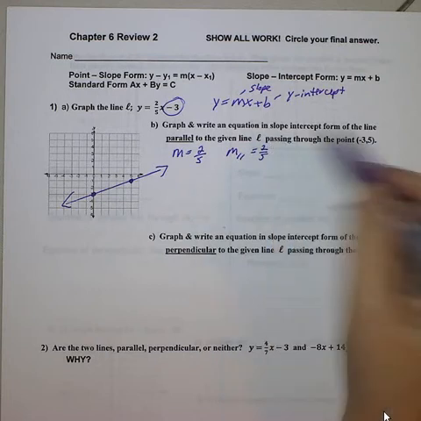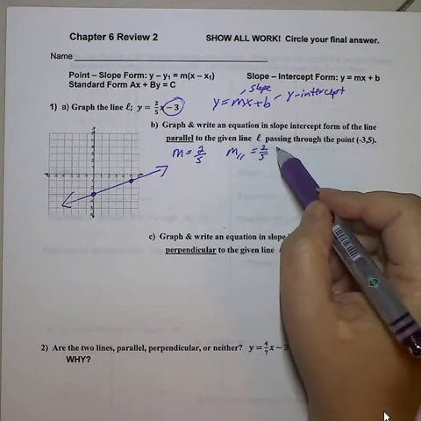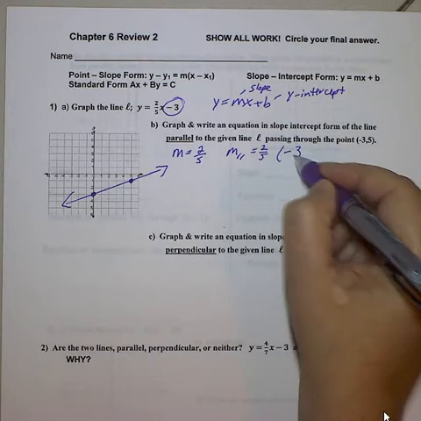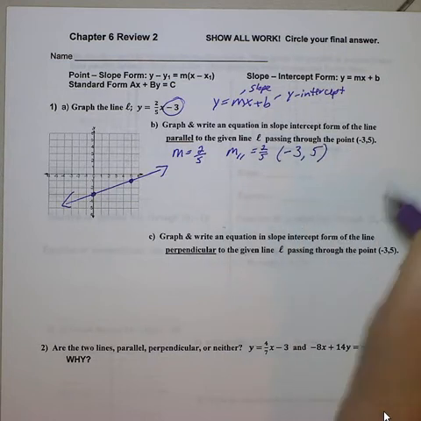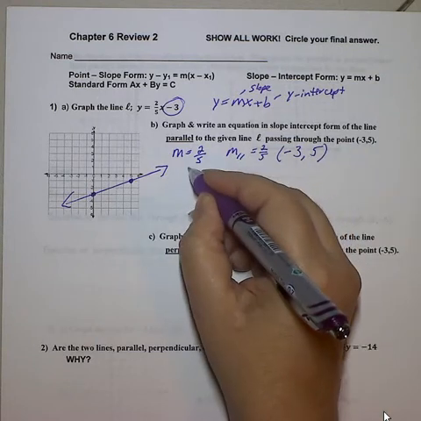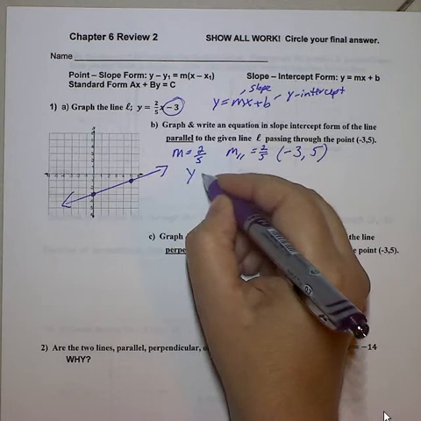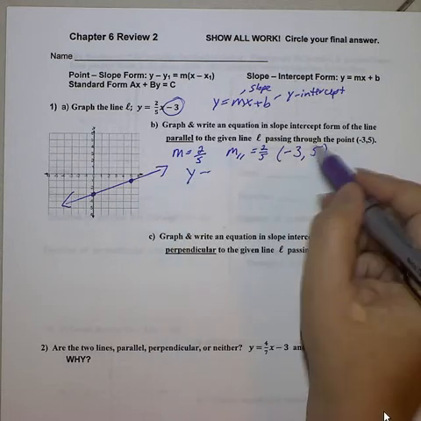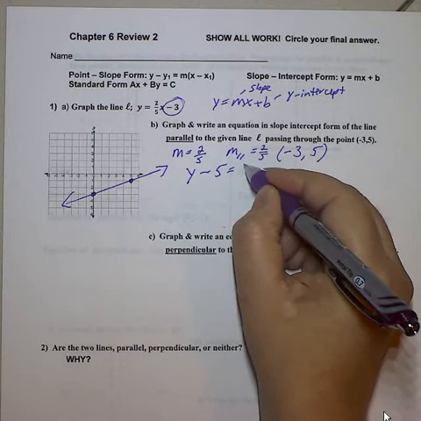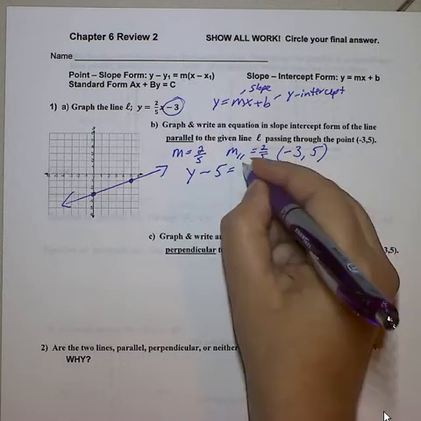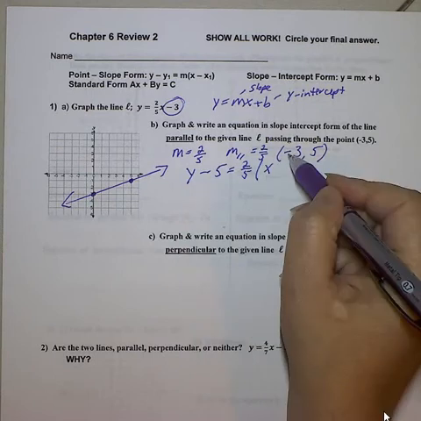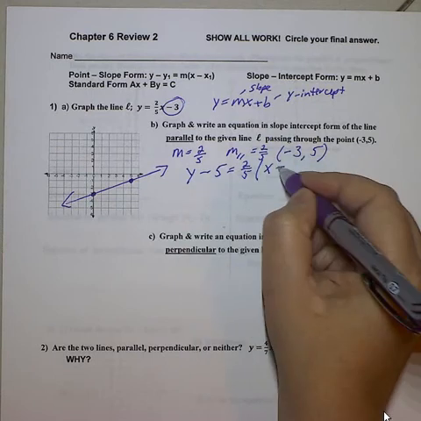And then it says passing through the point -3, 5. So we have y minus our y value, 5, is equal to my slope m, which is 2/5 x, minus a -3, so that makes it a +3.